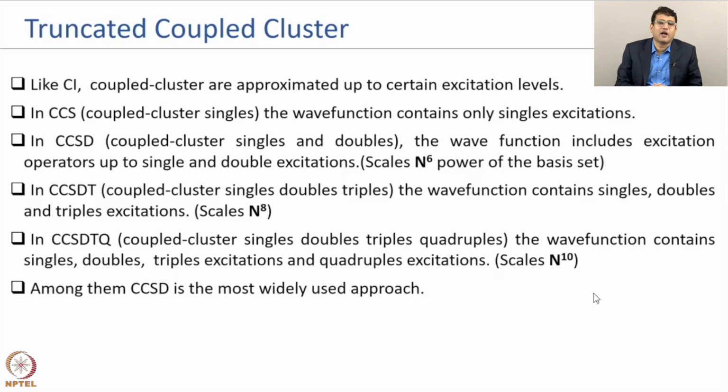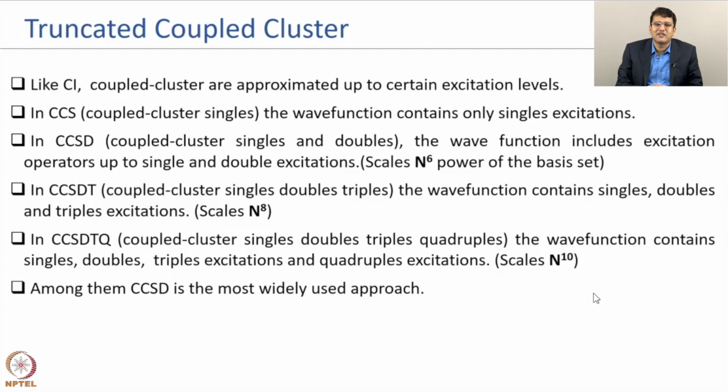Among them, coupled cluster singles and doubles is most widely used because it is N to the power 6 scaling. Remember, when I say most widely used, even for N to the power 6 scaling, it is very difficult to perform calculations beyond 10 atoms unless you have access to massively parallel supercomputers or use some additional approximation.